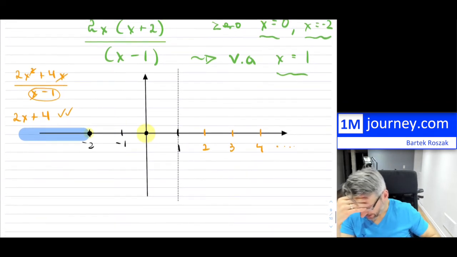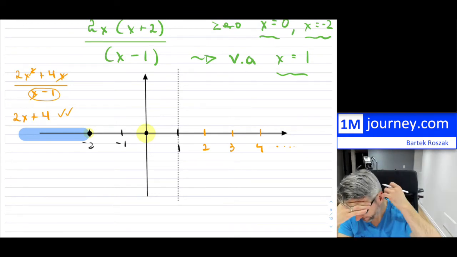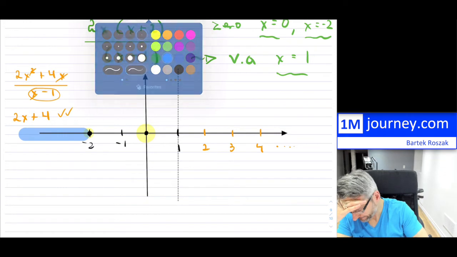So let's see how that would work on that side, the negative side. I'm just thinking out loud here.